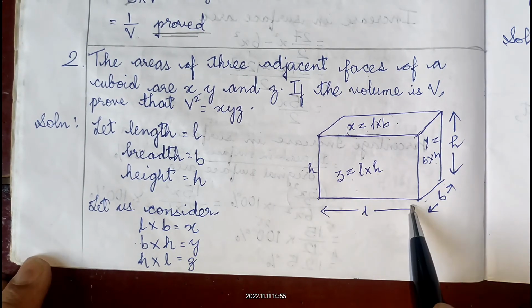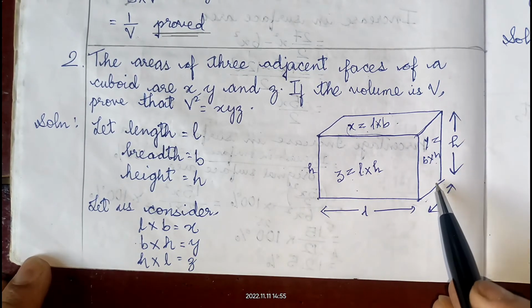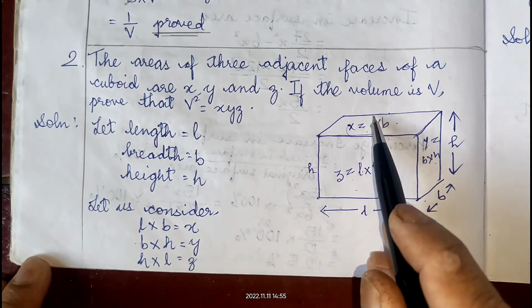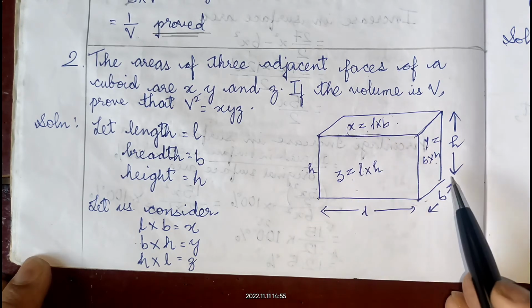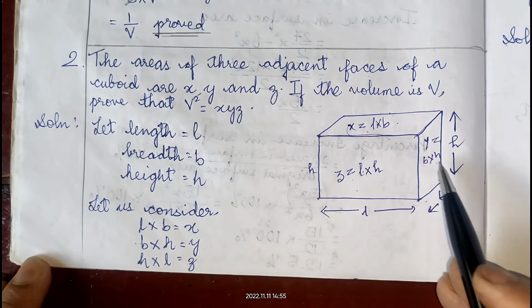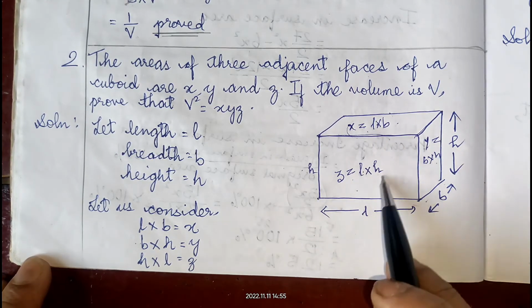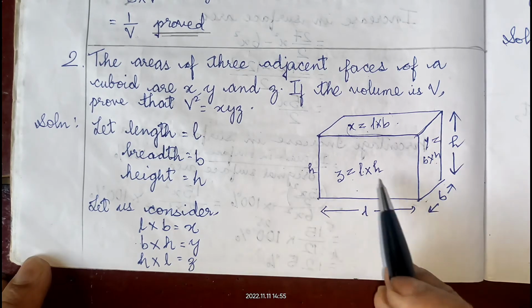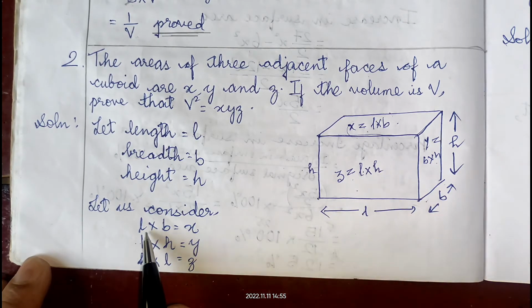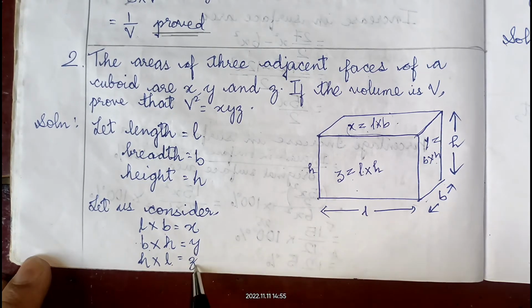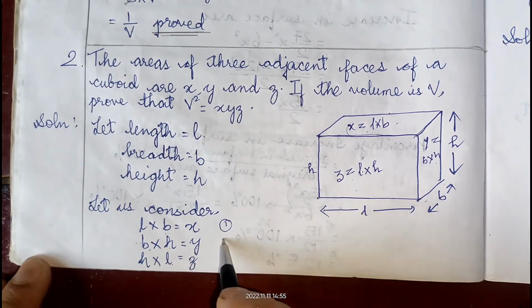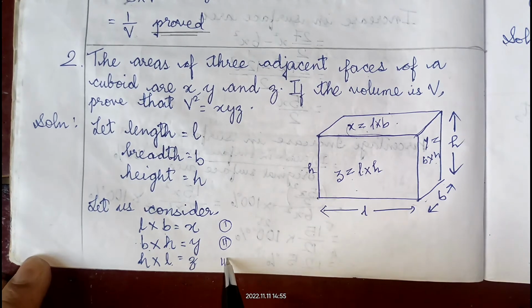Here length is L, breadth is B, height is H. So area of upper face is L into B, suppose this L into B is X. This face is B into H, suppose this is Y, and this face is L into H, which is Z. So we got LB = X, BH = Y, HL = Z. Let it be equation number 1, equation number 2 and equation number 3.